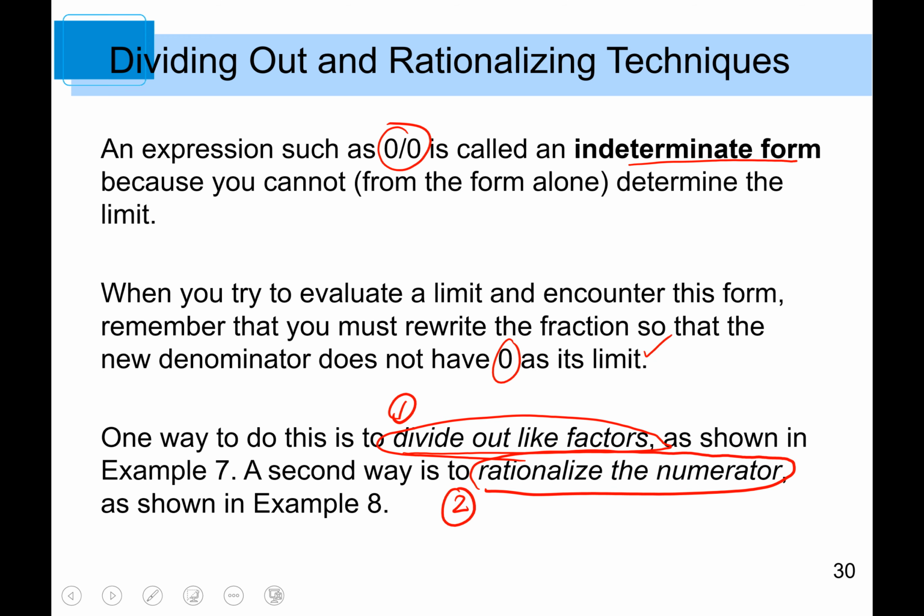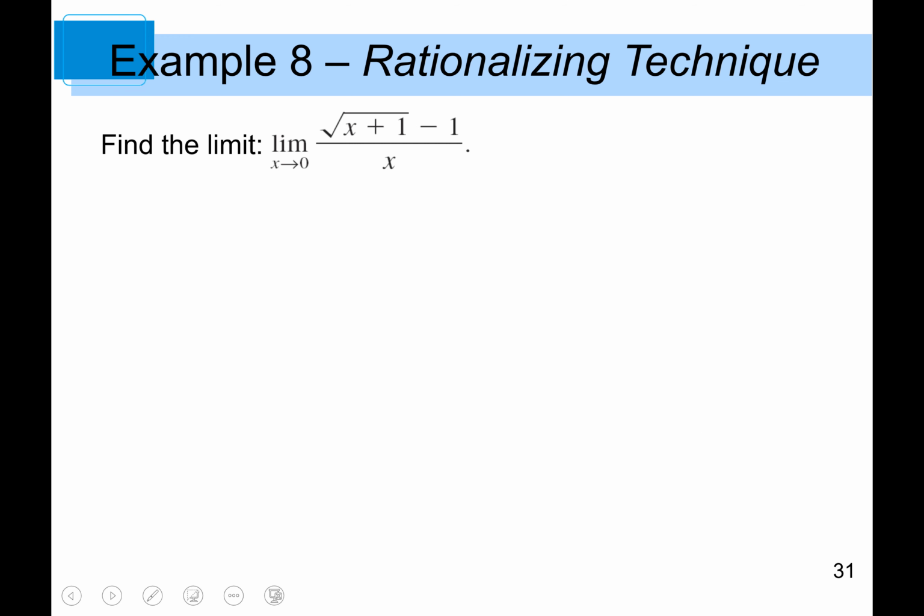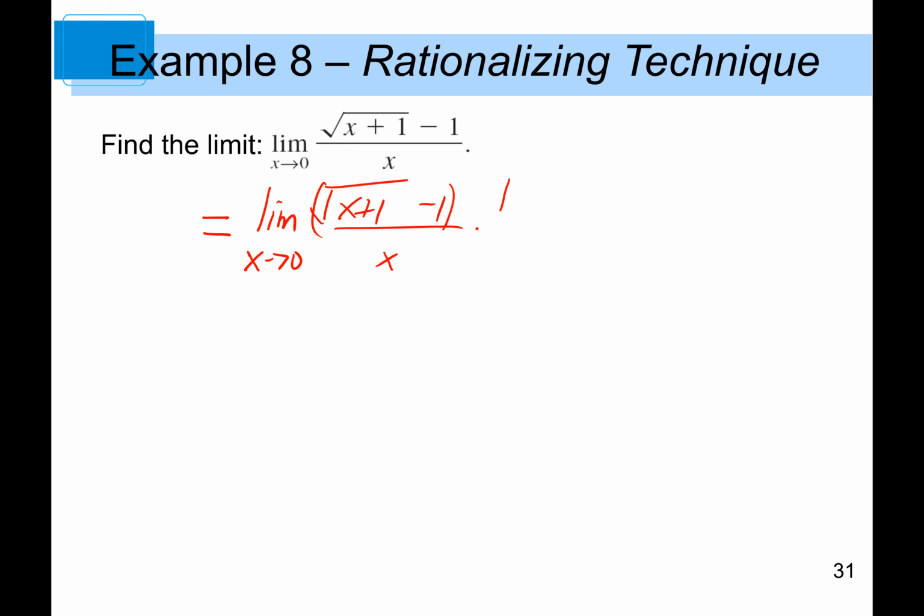Let's take a look at it. This one involves rationalizing the numerator. So basically, in order to rationalize the numerator, you just have to find the conjugate. The conjugate for the numerator will be square root of x plus 1 plus 1.